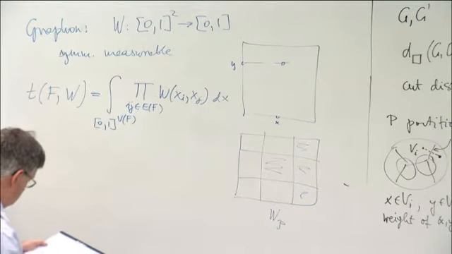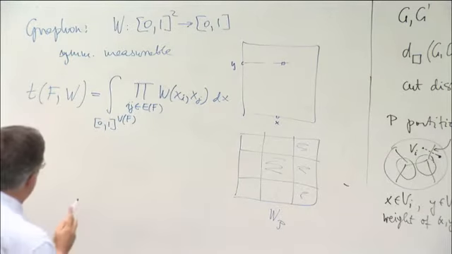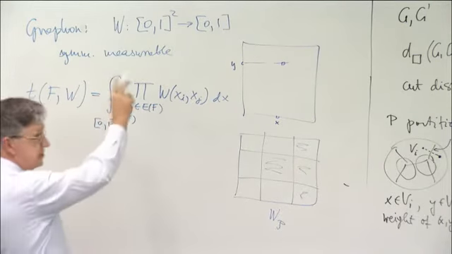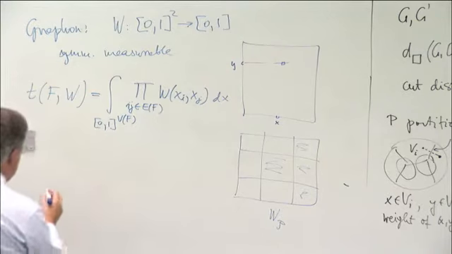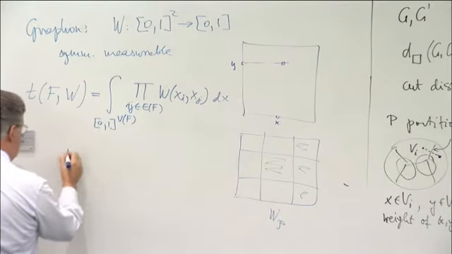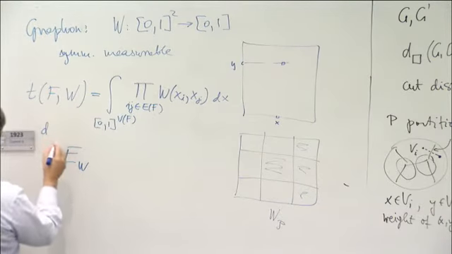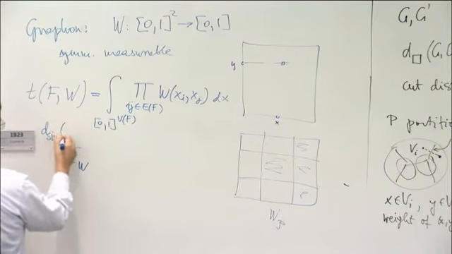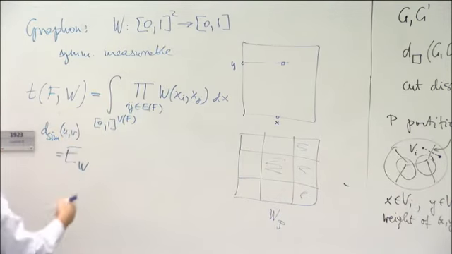Now, exactly the same formula also defines a similarity distance between 2 points of a W. So this is going to be the similarity distance between points U and V. These are now points of the [0,1] interval.